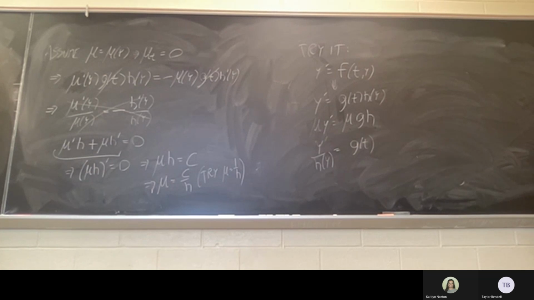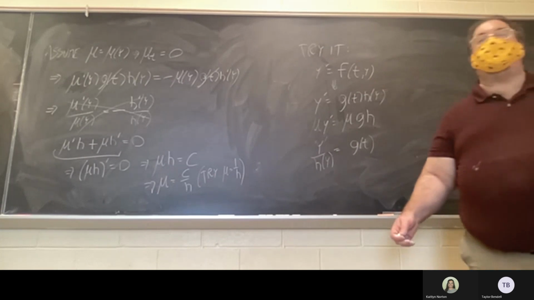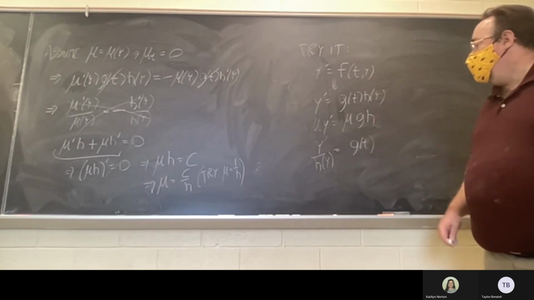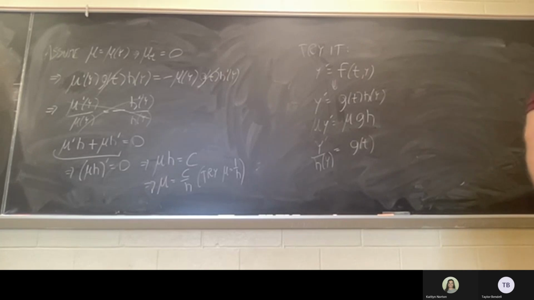Now, does anyone remember, this is what I call a separable equation. Left side depends only on y. Right side depends only on t. Does anyone remember how you proceed from here? When you have a separable equation and now it's separated, what do you do to solve it? Don't you integrate both sides? Yes, you integrate with respect to what?